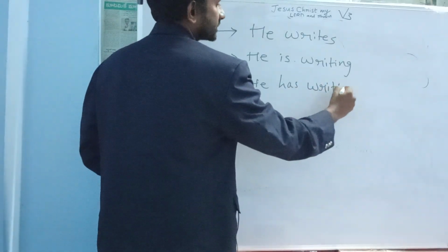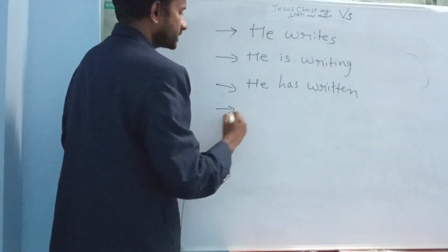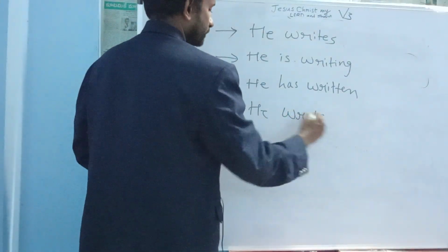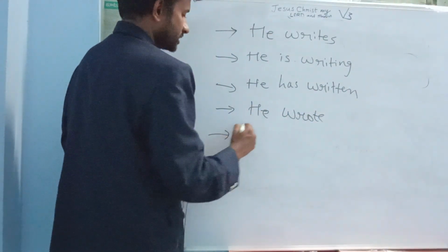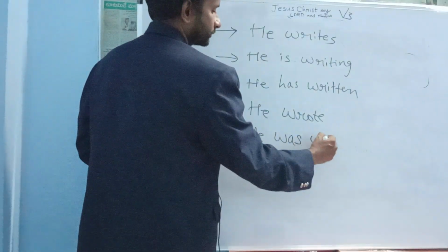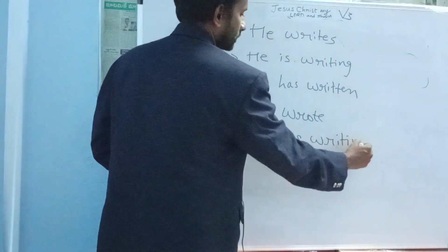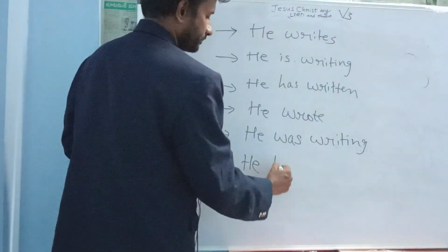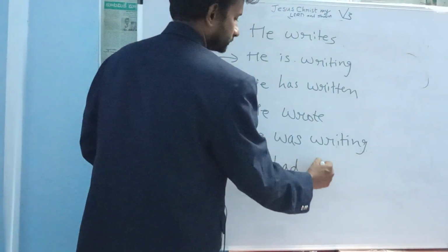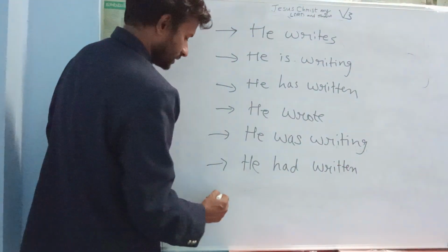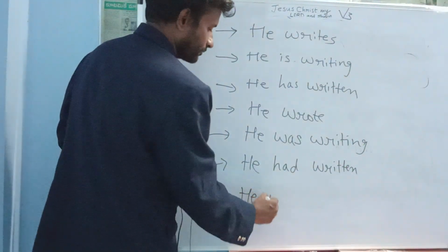Simple past: he wrote. Past continuous: he was writing. Past perfect: he had written. Simple future: he will write.